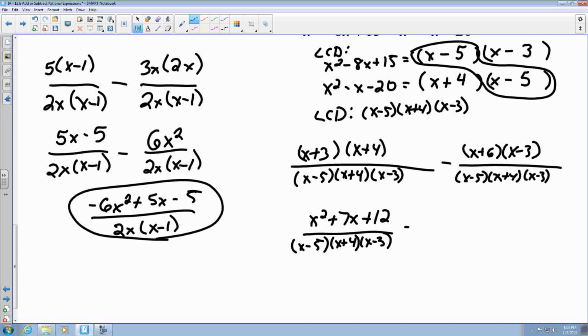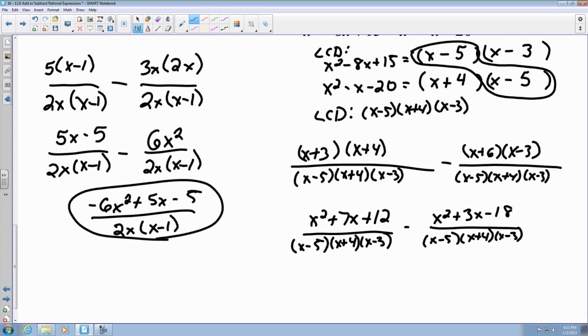Minus, FOIL this out would be x squared plus 3x minus 18 all over x minus 5, x plus 4, and x minus 3.